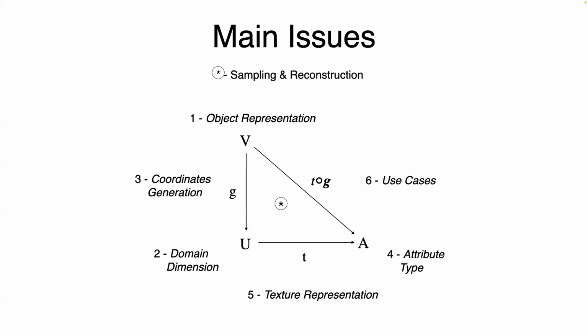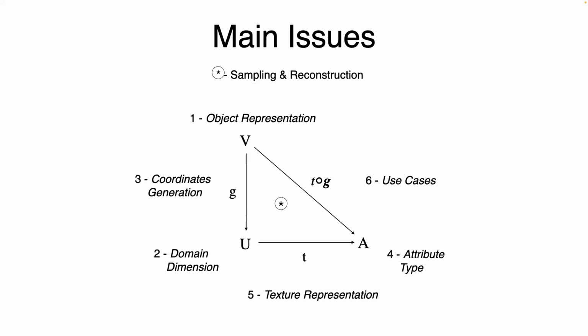And then to devise the mapping function, we need a coordinate generation to associate points of the object with texture coordinates, right? And then once we have that, we have the texture representation that maps some attributes, and you need a representation for the texture itself.